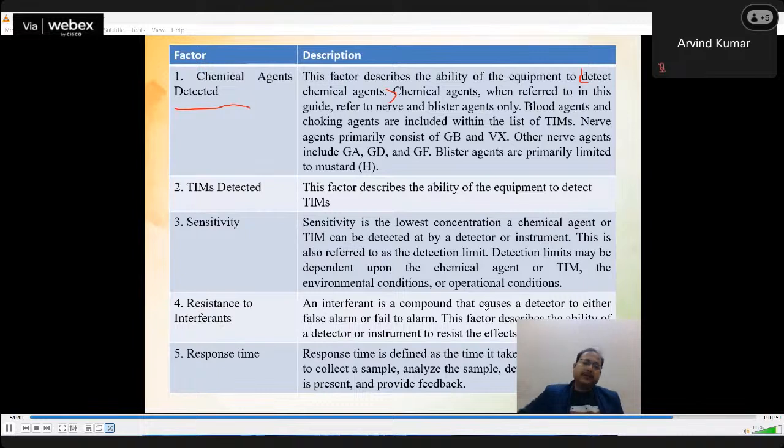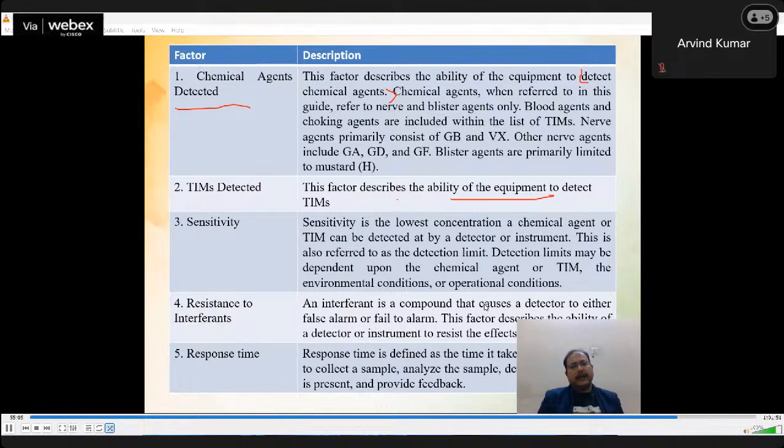Second factor, TIMs detected. You have detected the chemical agent. Now, the second factor describes the ability of the equipment to detect whether TIMs are present or not. Okay? This is the basic parameter: that it can detect chemical agents and it can detect toxic industrial materials. Now, the third is sensitivity. Sensitivity is the lowest concentration of a chemical agent or toxic industrial material that can be detected by a detector or equipment.